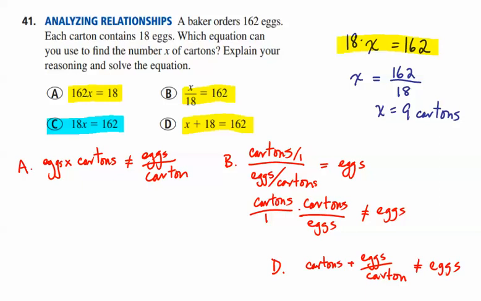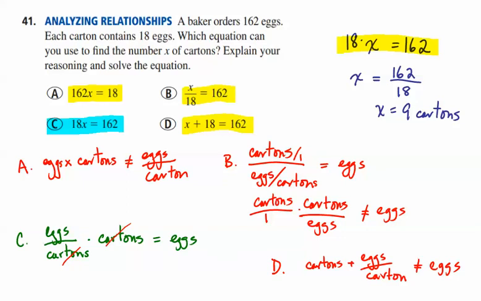Now let's talk about answer C. In letter C, we have 18, and 18 refers to the number of eggs per carton, times x, which refers to the number of cartons. And here you can see that cartons cancel, or would be cartons in the denominator, and it equals 162, which is eggs, and that is correct.